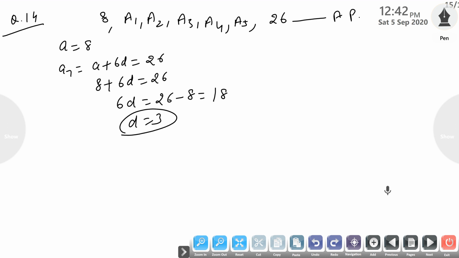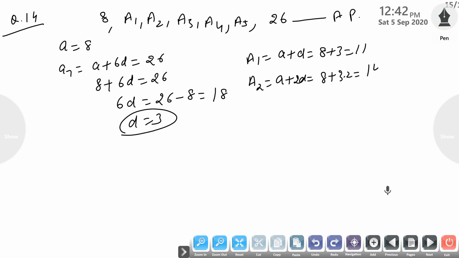So d equal to 3 and a equal to 8, we get A1 equal to a plus d, that is 8 plus 3, that is 11, and A2 is a plus 2d, that is 8 plus 3 into 2, 6 plus 8, 14. Similarly, A3, A4, A5. We can find the values of all these 5 numbers.